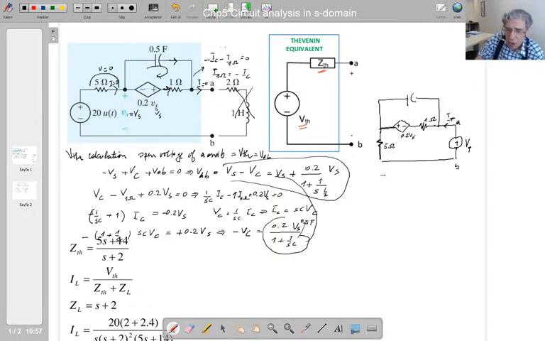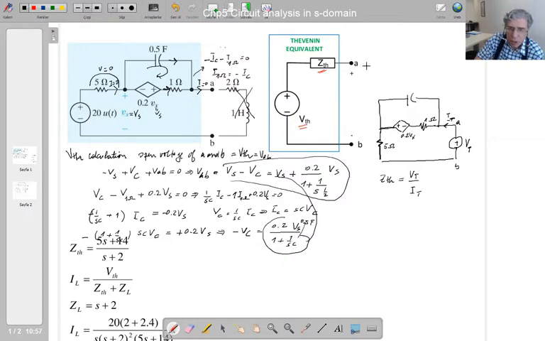So ZTH, Thevenin impedance, is equal to Vt over It. You could see it here. If you make the independent sources in your circuit deactivated, this is going to be short circuit.